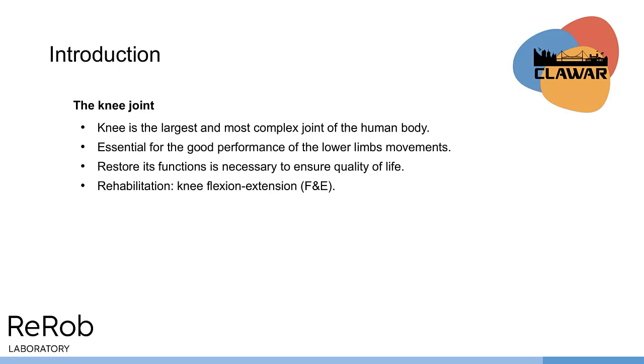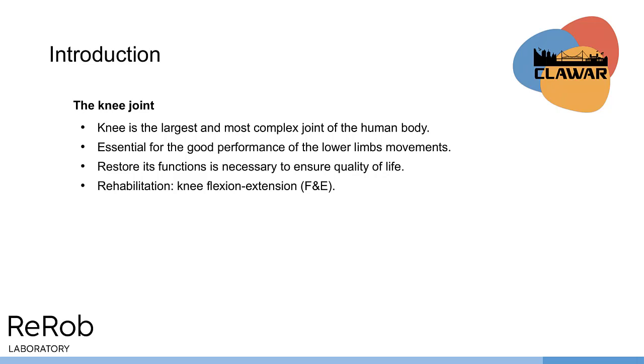Among all the joints in the human body, the knee is the most extensive and complex. This structure plays an essential role in optimizing lower limb performance. It is crucial for the execution of fundamental activities such as jumping, walking, and maintaining a correct posture.